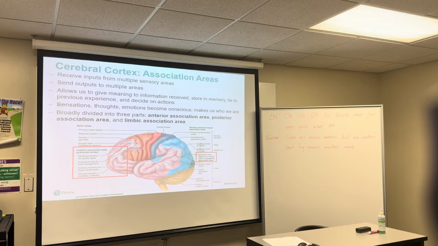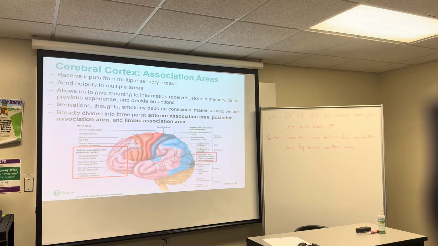Association area is where you are trying to integrate whatever you have seen or learned or listened to before, and then you are trying to add new information to that. And based on that, probably you are also trying to take a decision, right? So it receives input from multiple sensory areas and sends outputs to multiple areas. It allows us to give meaning to information received, store it in memory, tie it to previous experience and decide on actions.